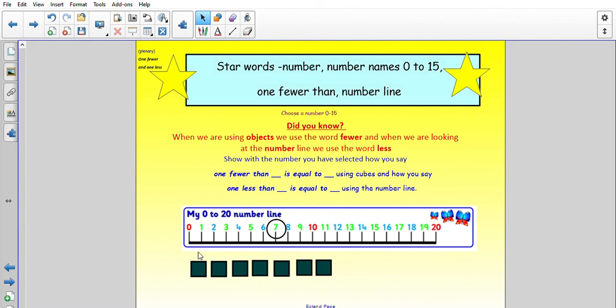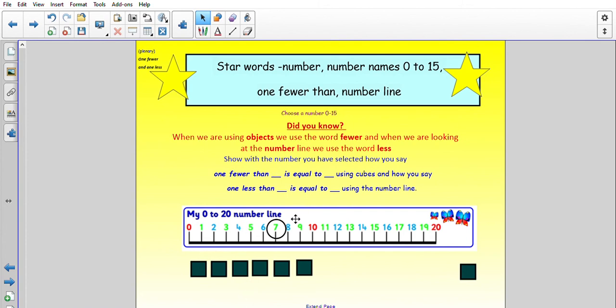So down here I've got 7 objects. If I take away 1, how many have I got left? 6, you're right. So I can say 1 fewer than 7 is equal to 6. So I had 7. 1 fewer is equal to 6.